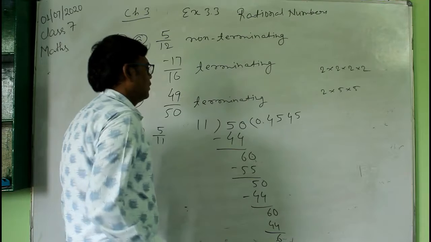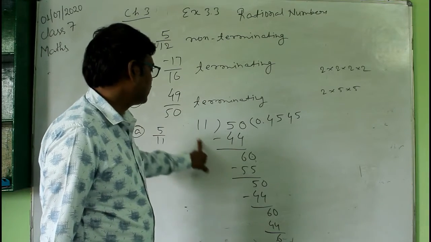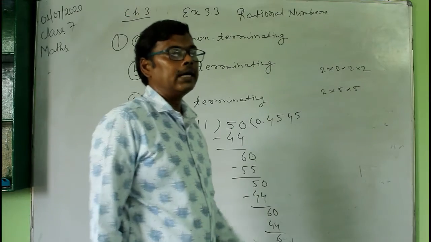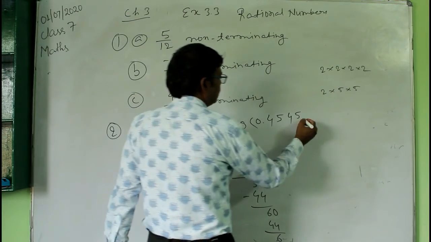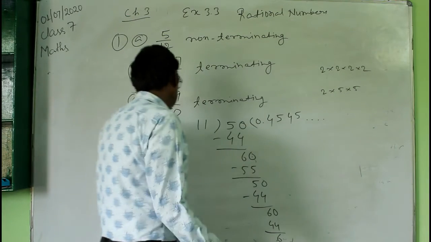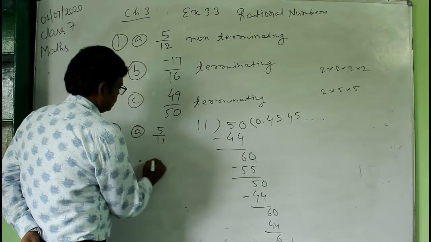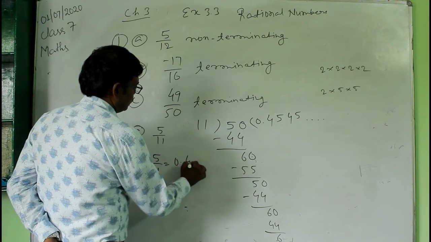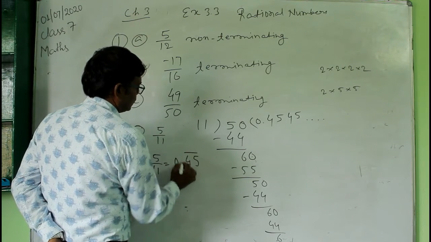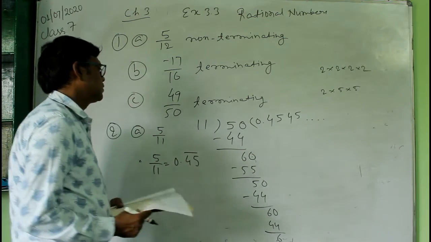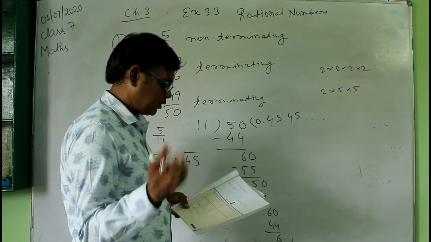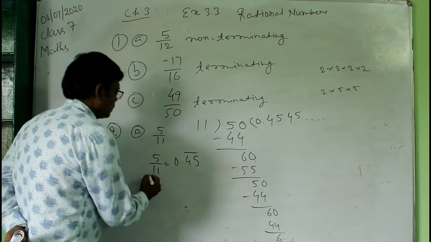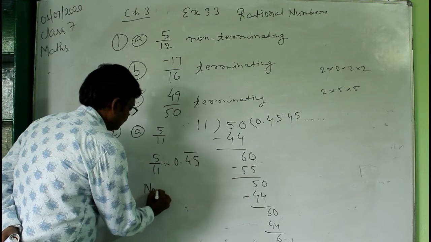Now see that if you continue the division, then you will be getting 4 5 4 5 4 5 4 5 infinitely. Okay, so we will stop it and then write here 3 dots. And then the answer will be 5/11 equal to 0.45 bar. And we have to state also, so here we will write that this is non-terminating.